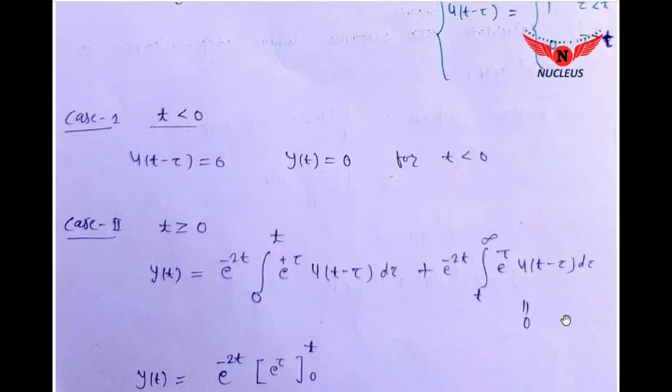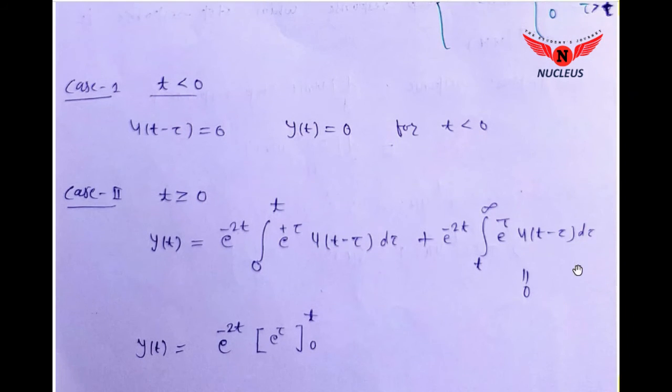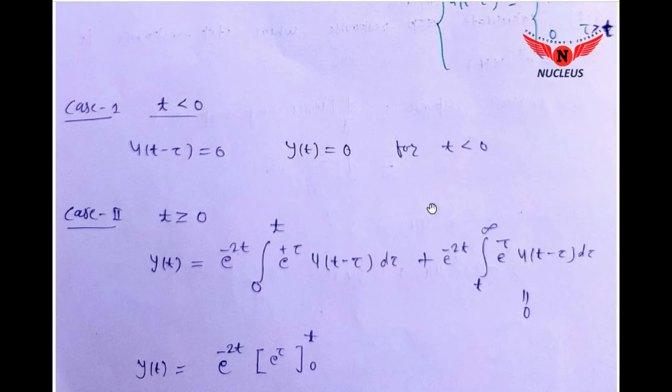And the next case is t greater than 0. When t is greater than 0, you can write the integral from 0 to t of e to the power minus tau times u(t minus tau) d tau, plus e to the power minus 2t times the integral as t tends to infinity of e to the tau u(t minus tau). So this is 0, and for the integral from 0 to t, this is 0 because of the delta, t is greater than tau is greater than t.